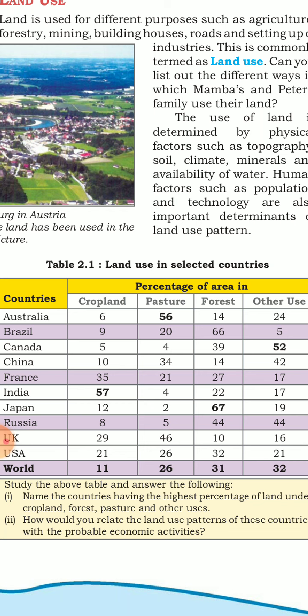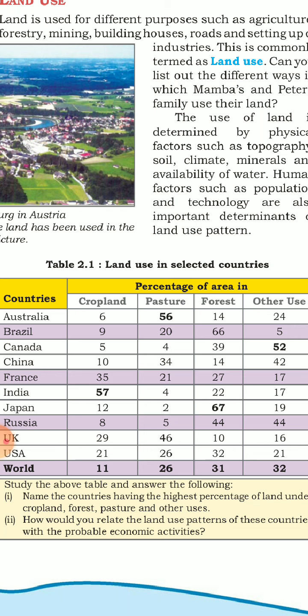Japan: cropland 12, pasture 2, forest 66, other use 19. Russia: cropland 8, pasture 5, forest 44, other use 44. UK: cropland 29, pasture 46, forest 10, other use 16.